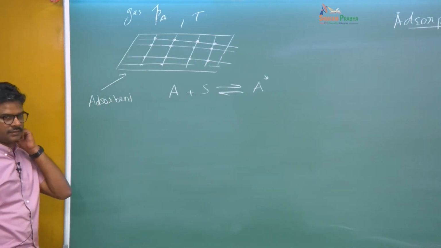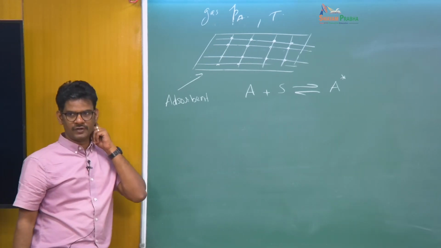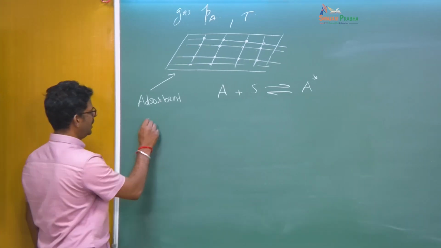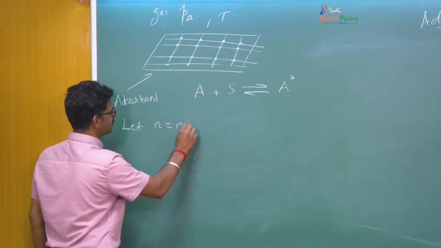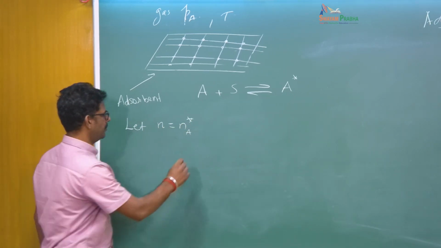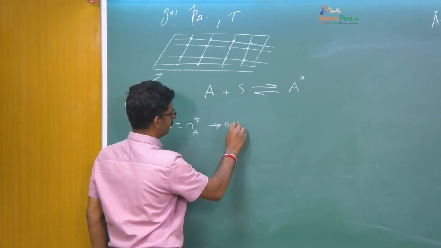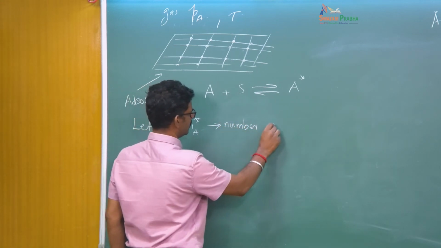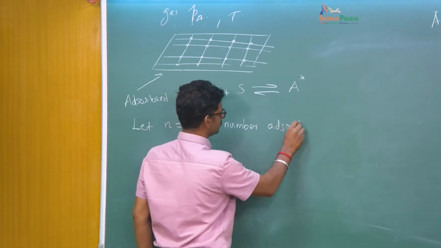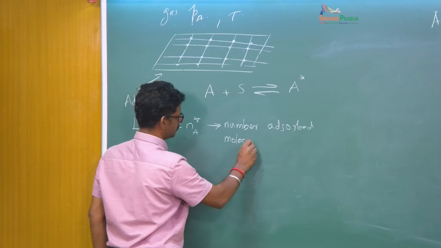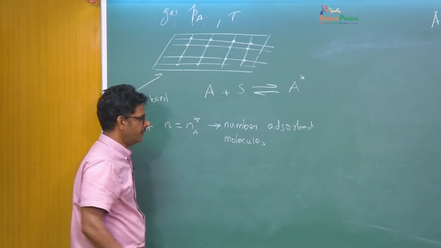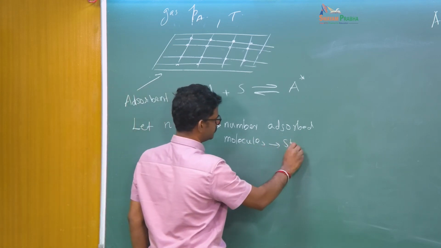Okay, so this is our reaction model for adsorption. Let n be N_A star. This is nothing but the number of adsorbed molecules, and we treat this as a stochastic variable.